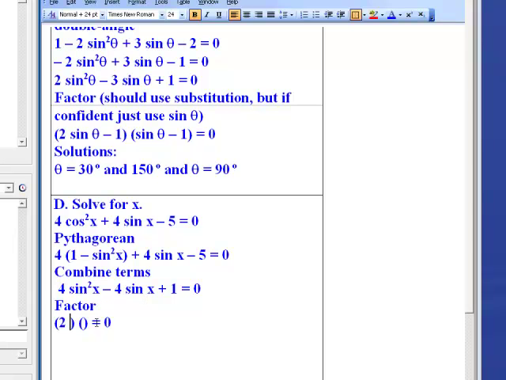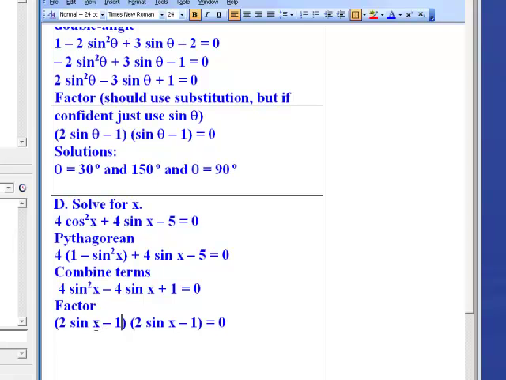Let's try the first one first. 2 sine x in one parentheses and 2 sine x in the other parentheses, and then this one should give us a negative 1, if indeed we are able to factor. And a negative 1 over here.